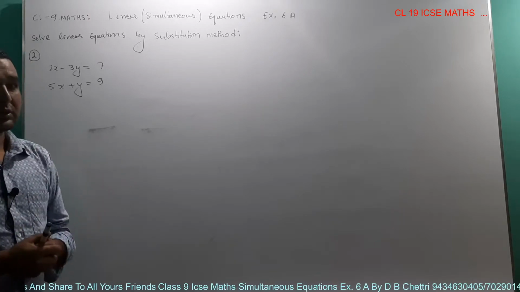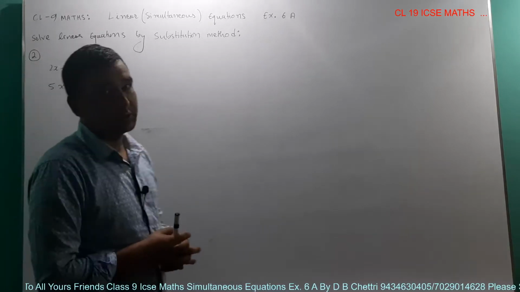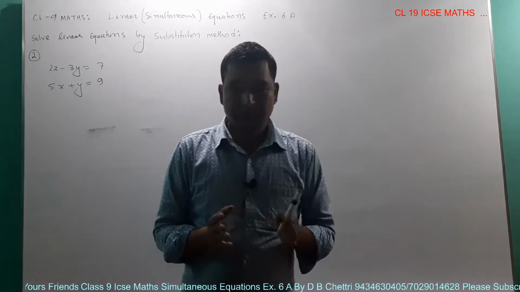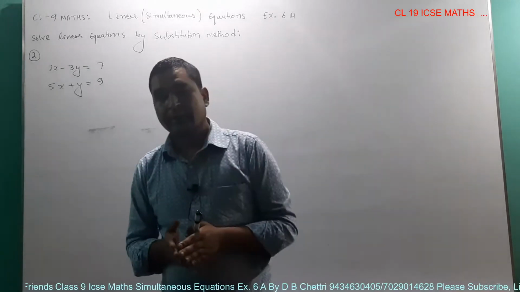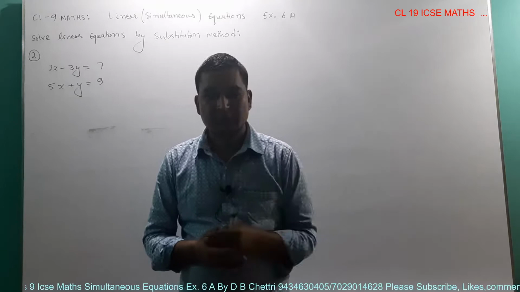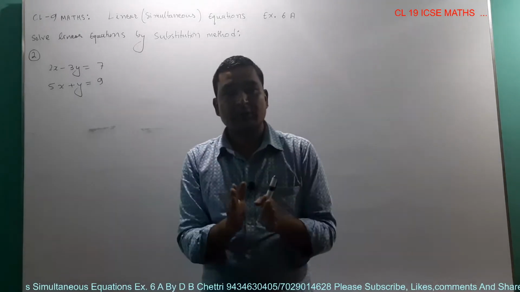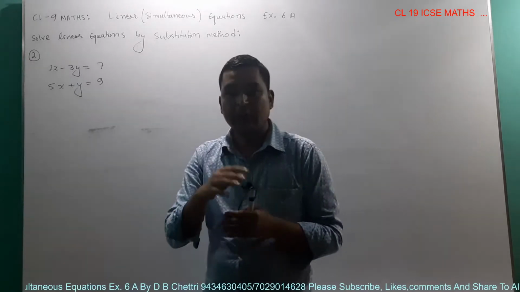Last session we learned question number 1, and today we are going to learn the second question. If you want to know the basics of the substitution method, please go through the last session's video. For the substitution method, we have to get the value of one of the variables from any one equation.